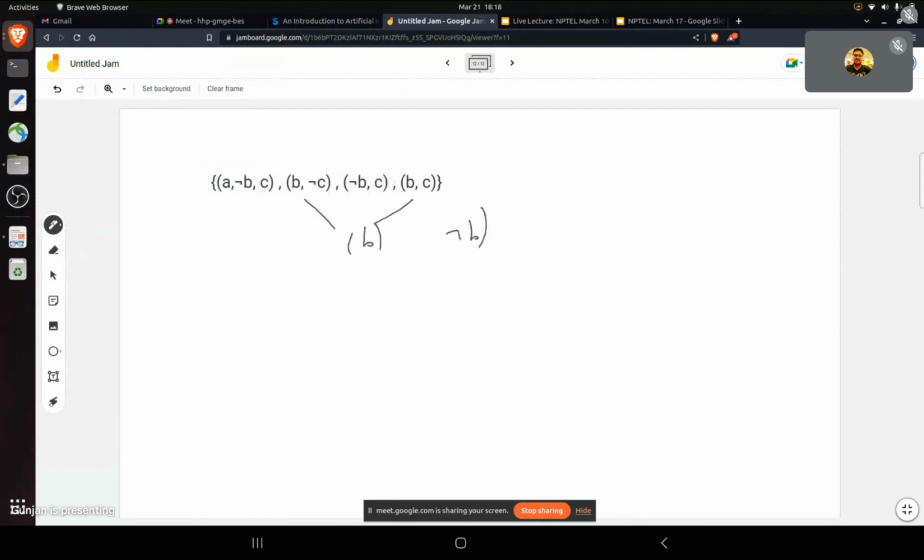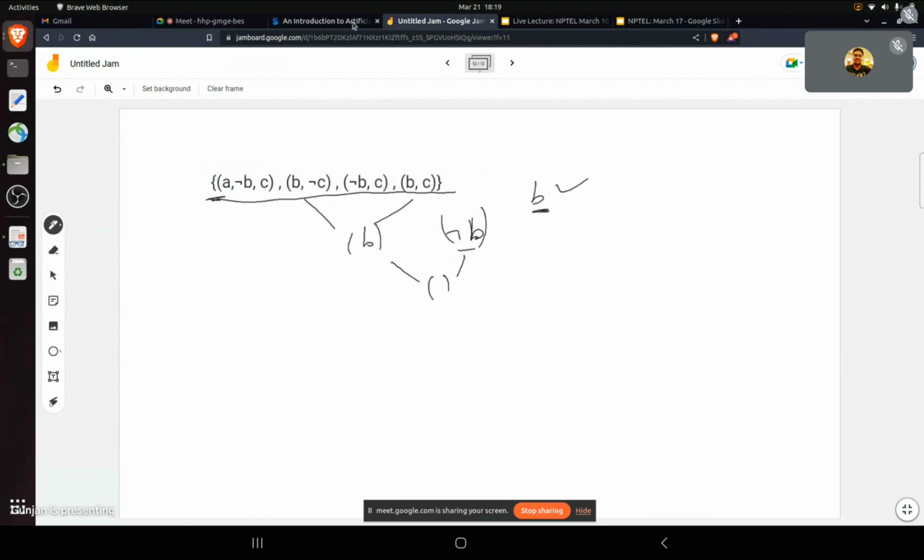And if I make a refutation with not B, it will give me a false set. That means our assumption that B is false is not correct. Hence, B is true. So in a world in which this set of clauses is true, B will also be true. That we can show by refutation, right?